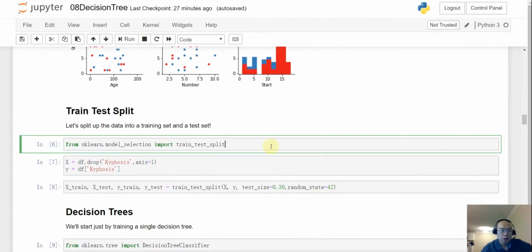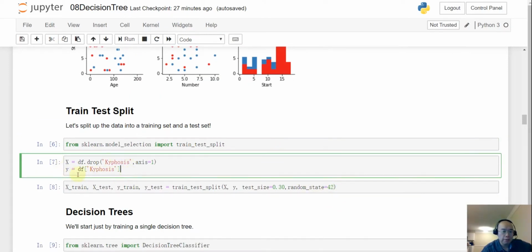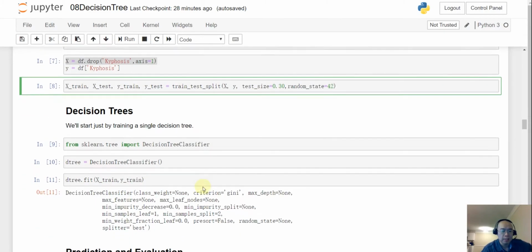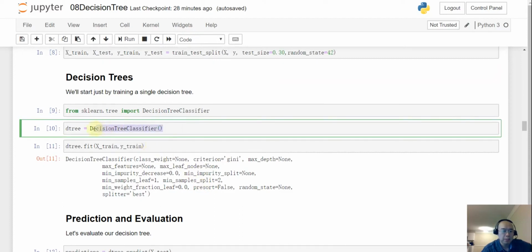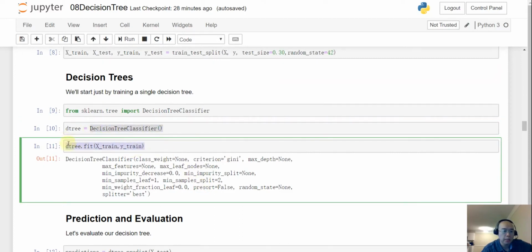After that, we can do a train test split. We keep the kyphosis as the target column, and all the remaining features are the X, and then we do the train test split. After that, we make the decision tree classifier and train our model.